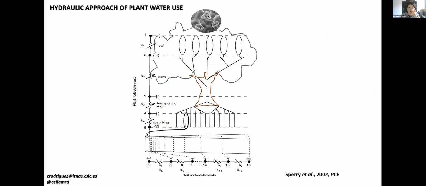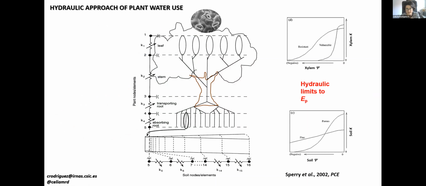But according to the hydraulic approach, which was also very well explained by Andrea, we can predict the limits in plant transpiration knowing the vulnerability to cavitation in the xylem of the plant, and also the vulnerability to cavitation in the soil. That means that any alteration of this continuum may affect gs and limit plant transpiration.